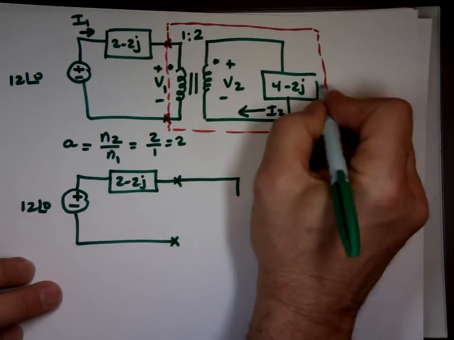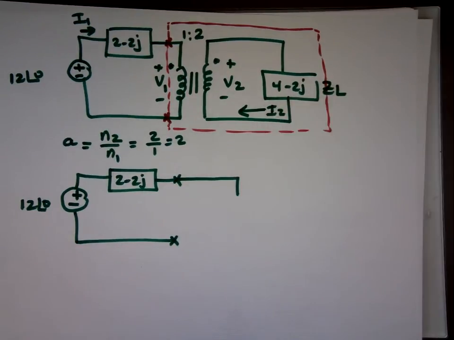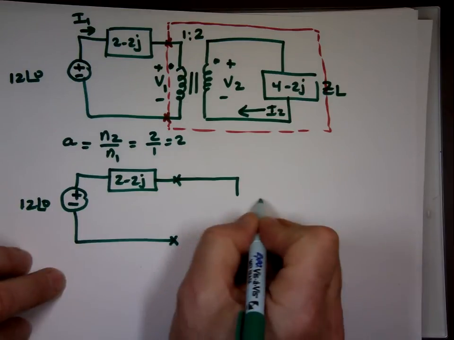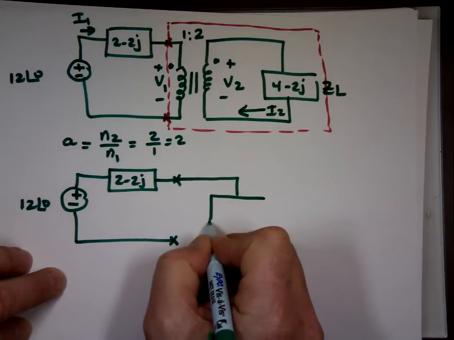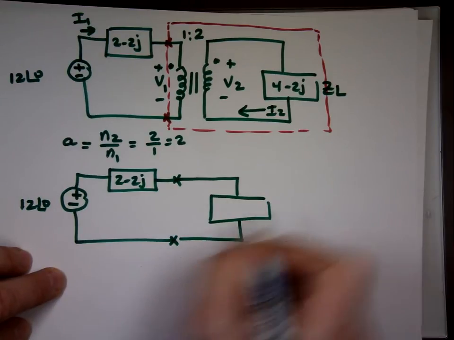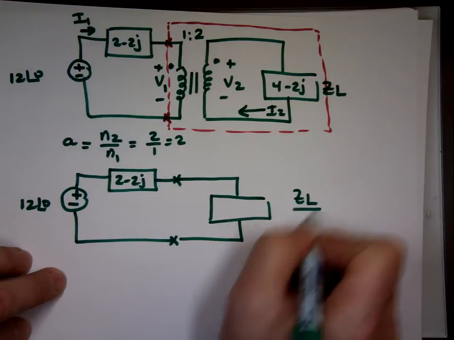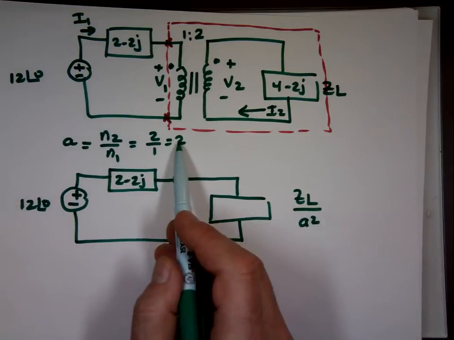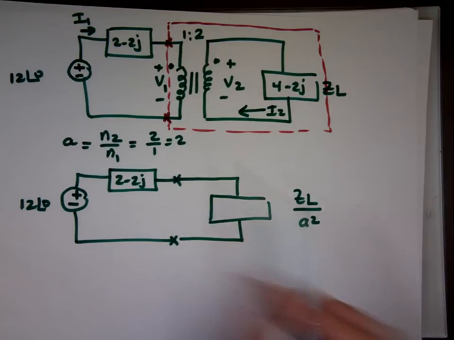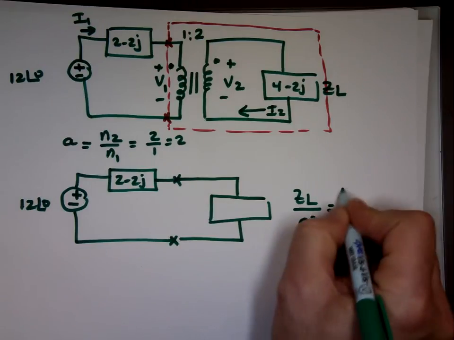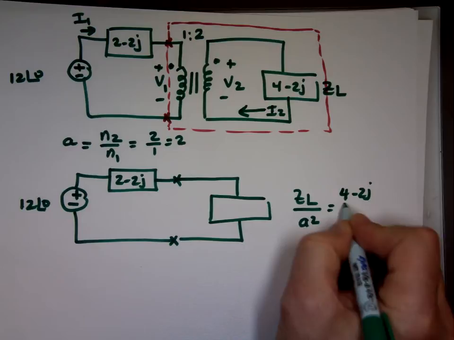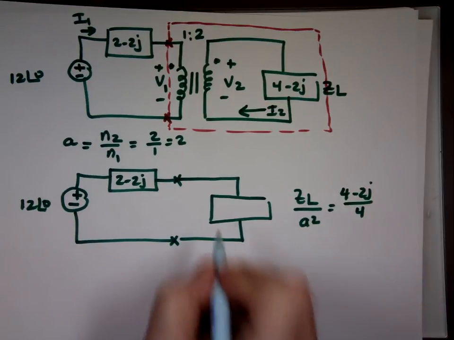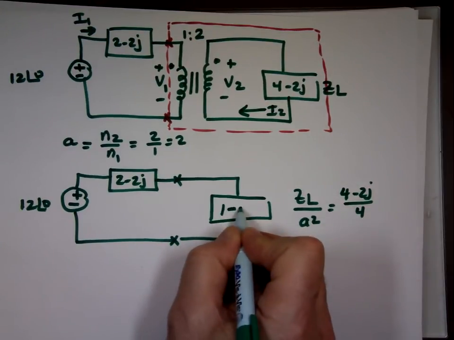This is ZL here, and it's ZL over A squared. What's A squared here? It's 2, so square it, that's 4. That'll be 4 minus 2j divided by 4, which is, if you want, 1 minus what? 0.5j?